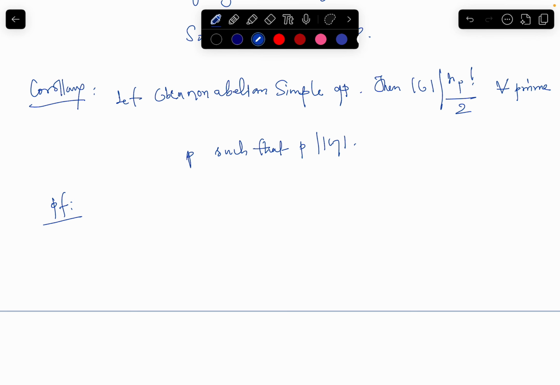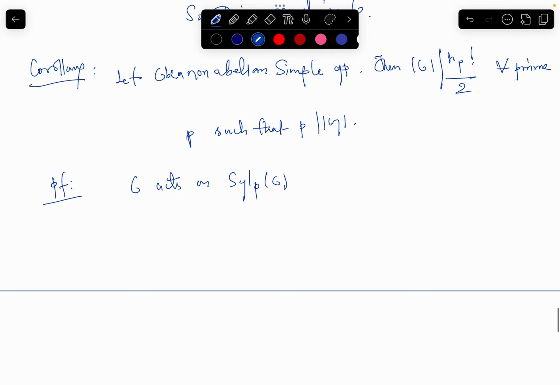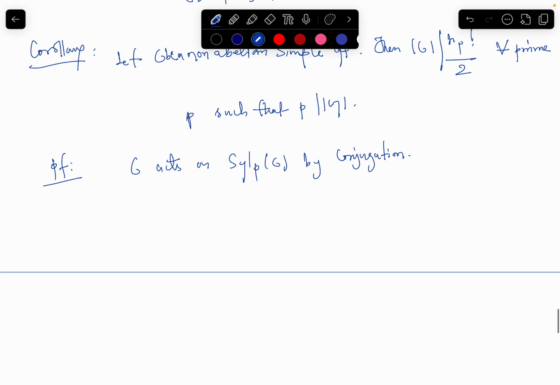To prove this, we understand that there is a group action on the set of all the Sylow P subgroups of G. The action is by conjugation. That is to say, g acts as g P g inverse, or g inverse P g, whatever you like.